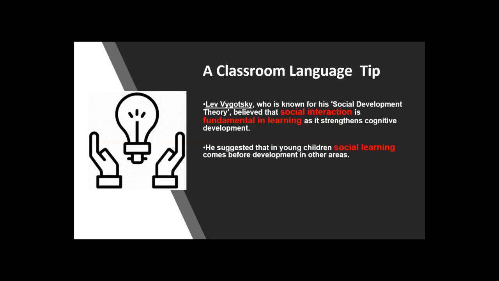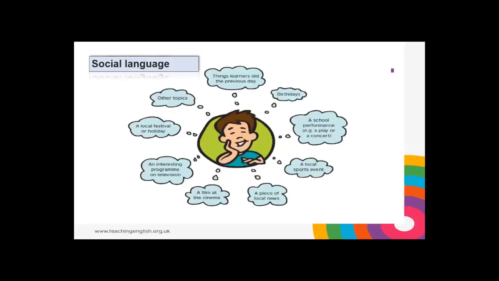Vygotsky suggested that in children, social learning comes before development in other areas. So we have social language here. How can we make social language in our classes?